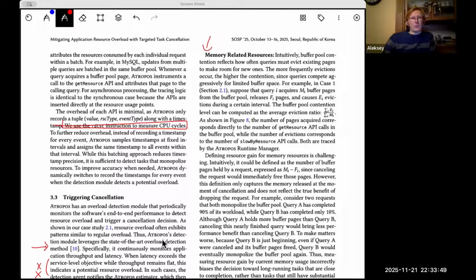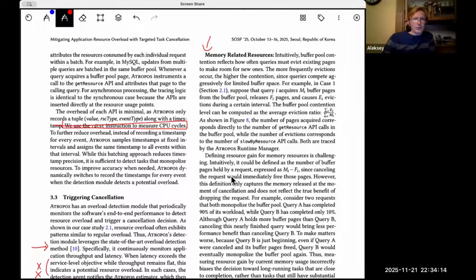For example, in case 1, section 2.1, suppose that query i acquires Mi buffer pages from the buffer pool, releases Fi pages, and consumes Ei evictions during a certain interval. The buffer pool contention level can be computed as the average eviction ratio, the sum of Eis over the sum of Mis, right?